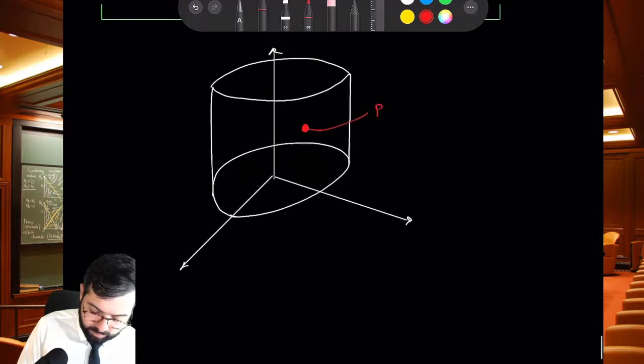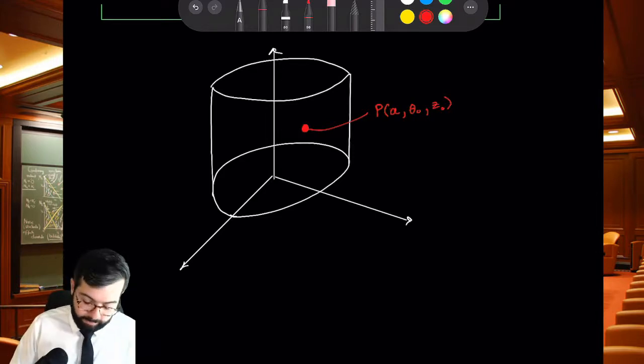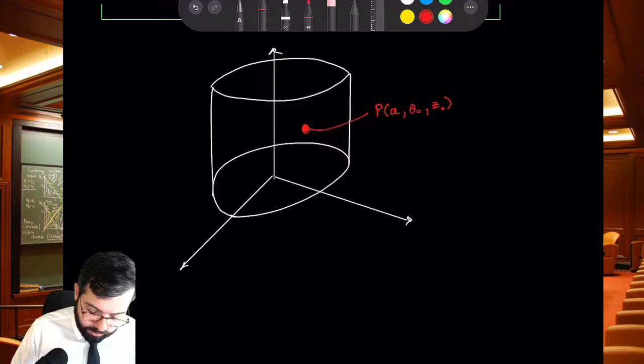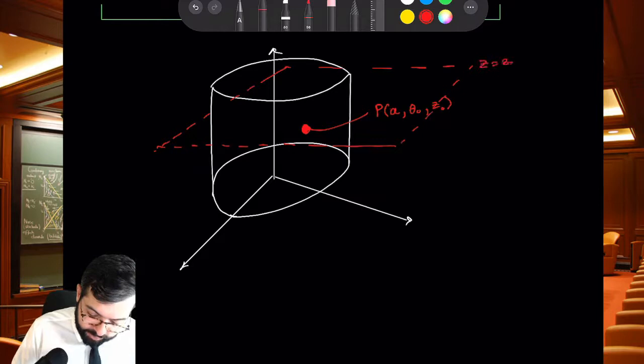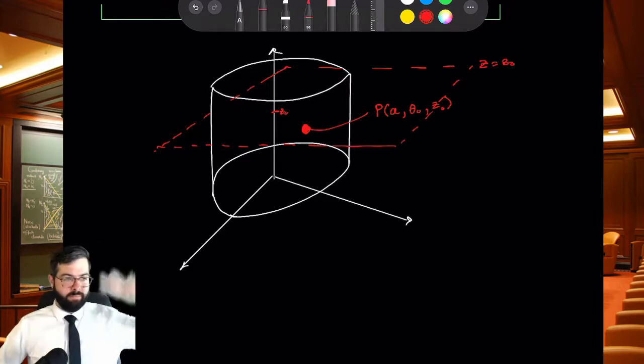Call this P, which is r, theta, z. We'll fix the values. We'll say at a radius a, at theta naught, and at height z naught. So what does it mean to be this little point? Well, it means that it's resting on this plane. Here's z equals z naught. Here's that height z naught. So it's resting in that flat plane vertically.